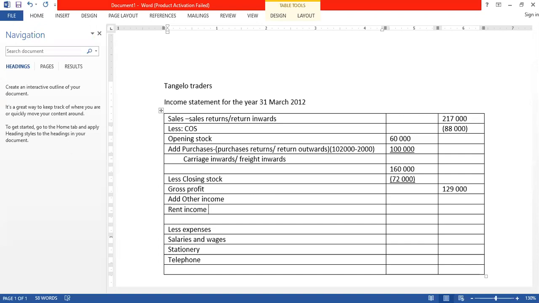Now, before we record our rent income, we need to go through the additional information and check whether there is any transaction that affects our rent income.